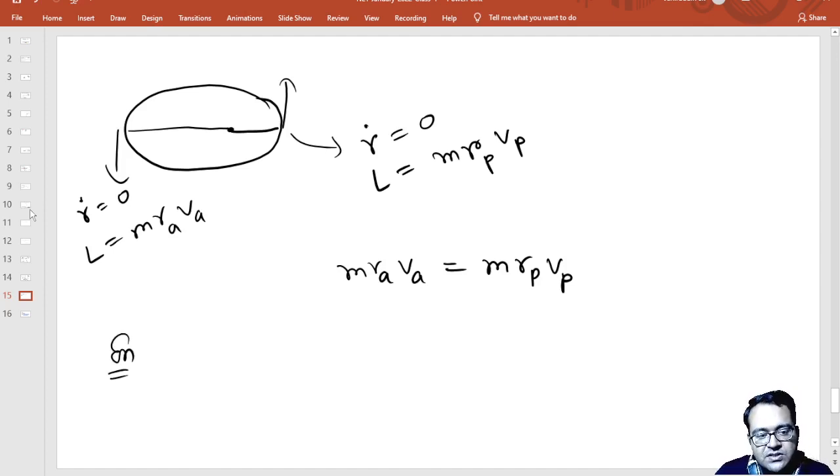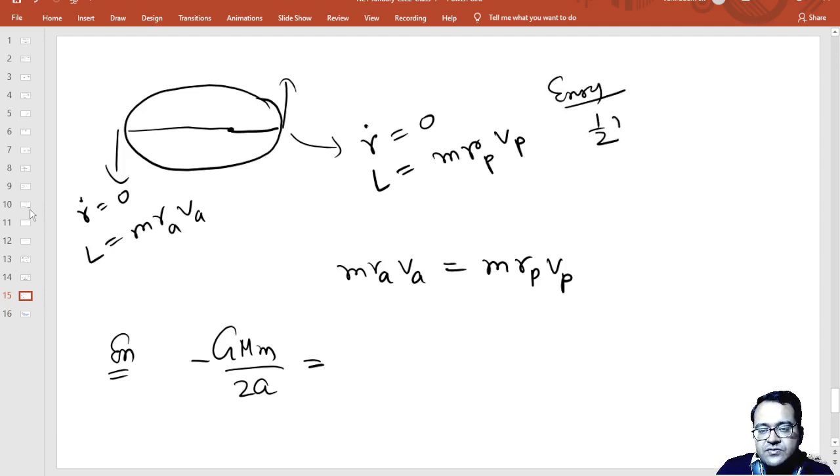Energy expression also, this minus GMm by 2a, should be equated with the energy at perigee and apogee. Here r dot is 0. So energy becomes half of m v p square minus GMm by r p, like this, both here and here.